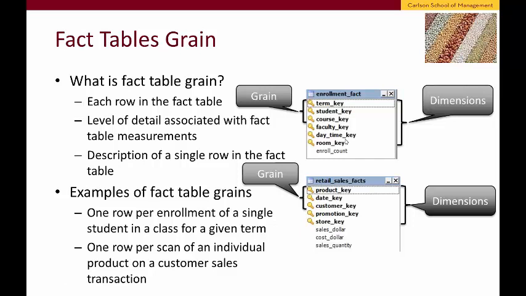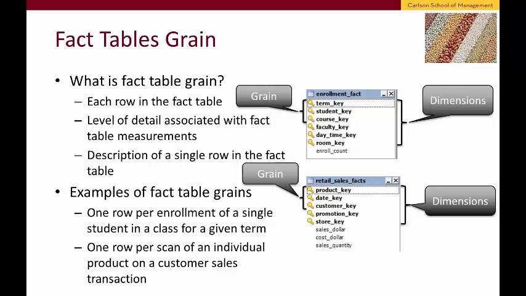Similarly, instructors can be changed, right? So instructor or faculty can be changed as well as rooms, not affecting the grain of the enrollment table. So that's why the grain is defined with the term, student, and course, but the dimensions can also include the faculty, the particular section, and where the class will be held.